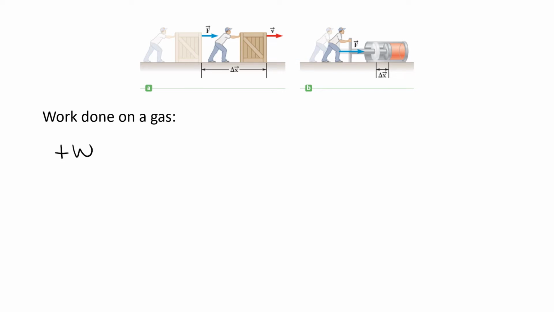Let's see. When we do compress something like this, we take this gas, same exact thing as the diagram above. We're compressing something. What are we getting? We're getting a decrease in volume.